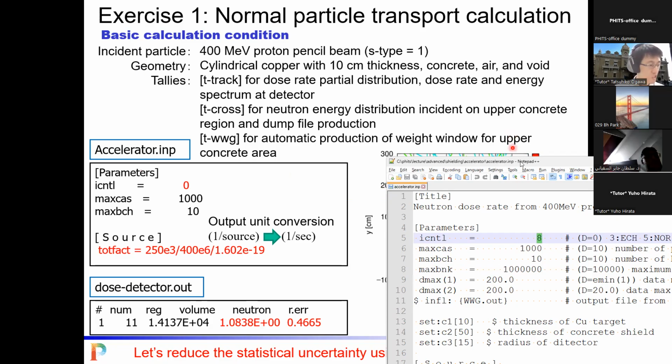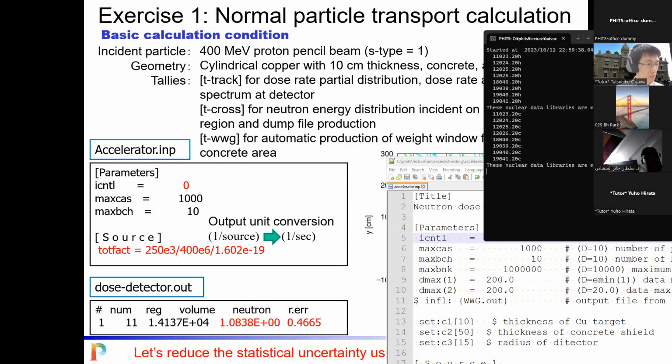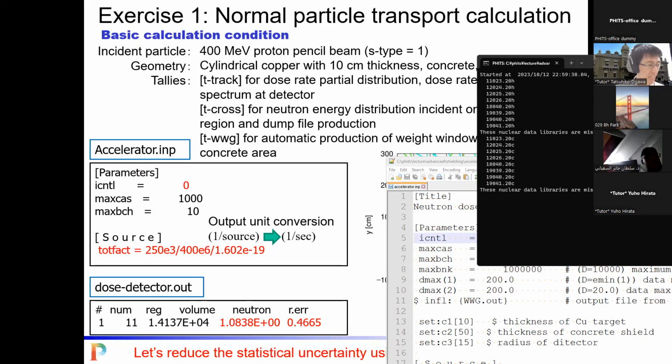So please change the icntl parameter to 0 to perform normal transport simulation. Probably in your computer too, PHITS would be lagging like that, but just forget about it. Just keep going.